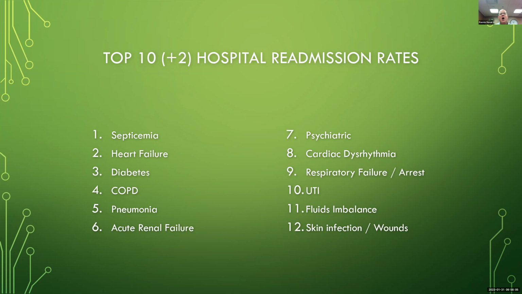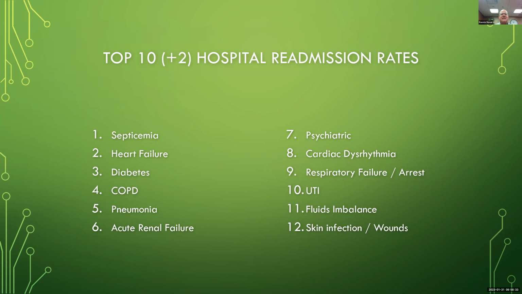So this is all just obstructive disease states, respiratory wise. Pneumonia, acute renal failure. It used to be acute kidney injury. Now it's called acute renal failure, where a disease process comes in and reduces your ability to have your kidneys function well, and that causes a whole host of problems, and we'll go into it.